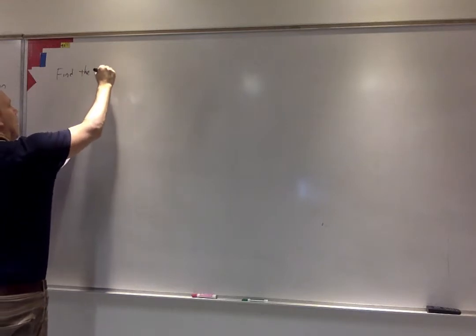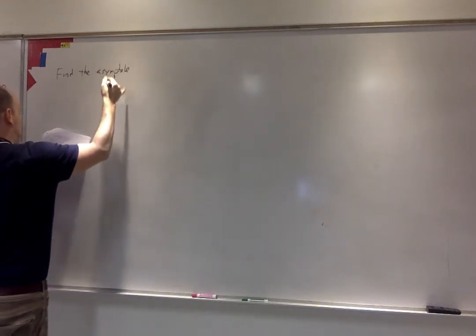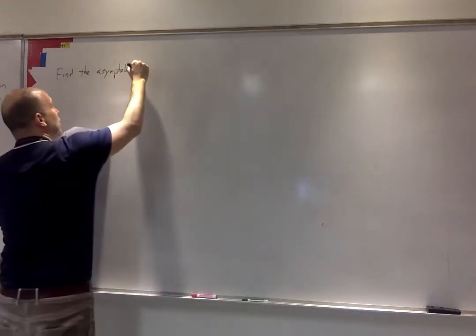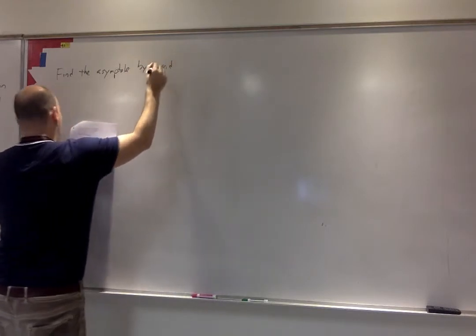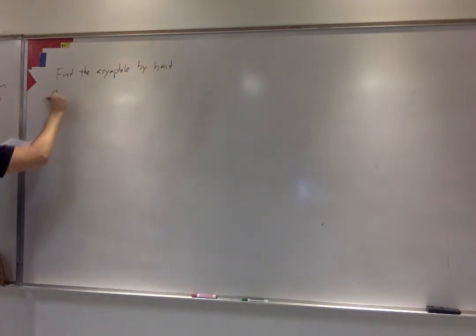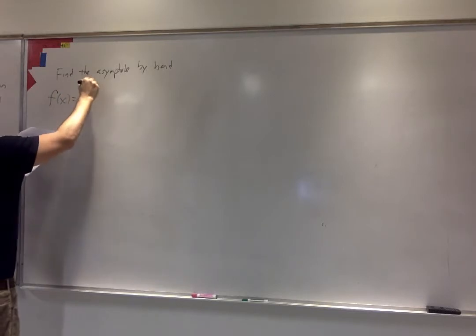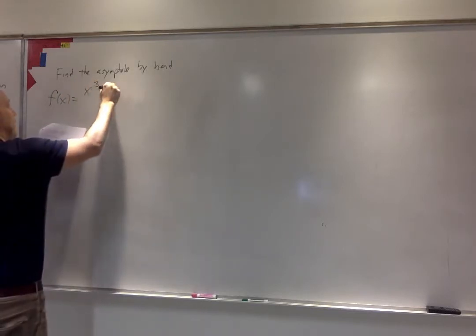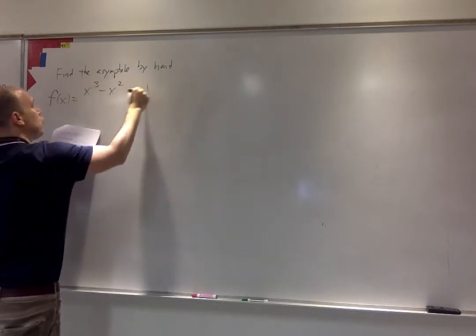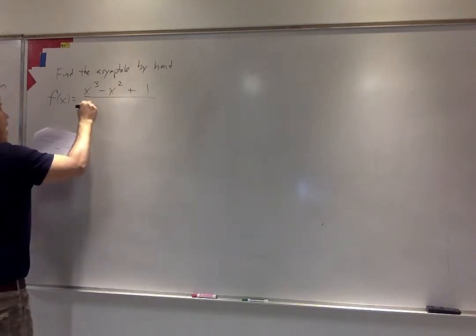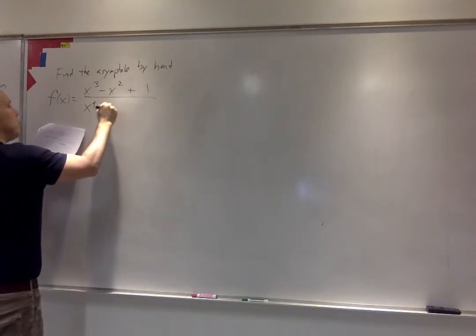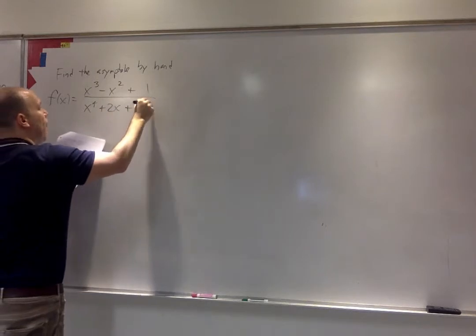So find the asymptotes by hand. You've got the first function, f of x equals x cubed minus x squared plus 1 over x to the fourth plus 2x plus 5.